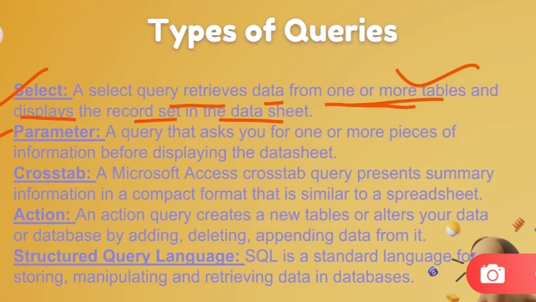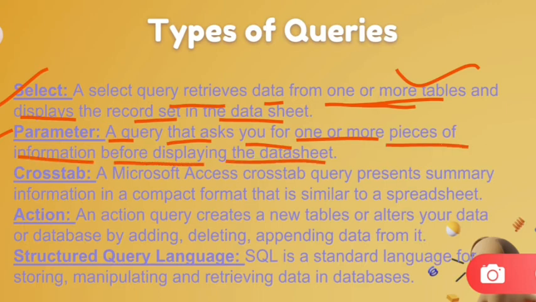Now the second one, that is a parameter query. It is a query that asks you for one or more pieces of information before displaying the datasheet. You have to give some condition or some specific information related to a specific person, then it will give the result on the datasheet.